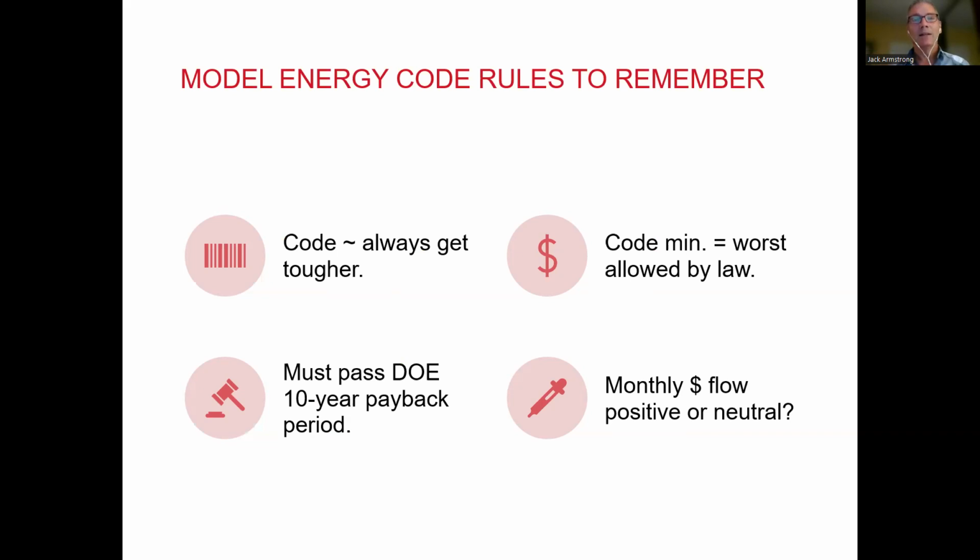Otherwise, it's not adopted. And lastly, almost always the monthly cash flow overall of the implemented item, as well as the energy cost to run that particular building, is positive or neutral. Otherwise, the code elements do not get adopted into the model code.